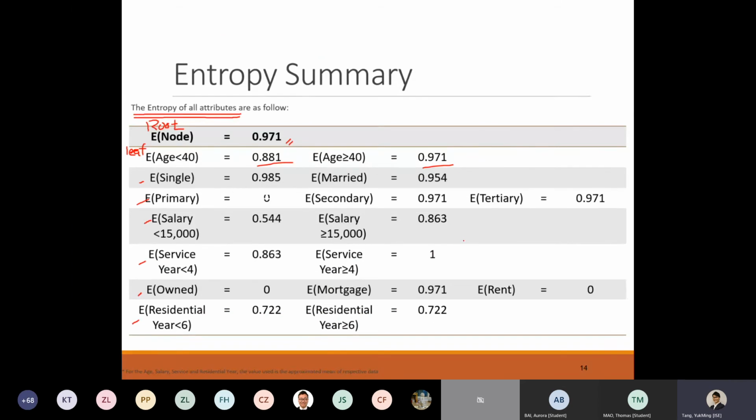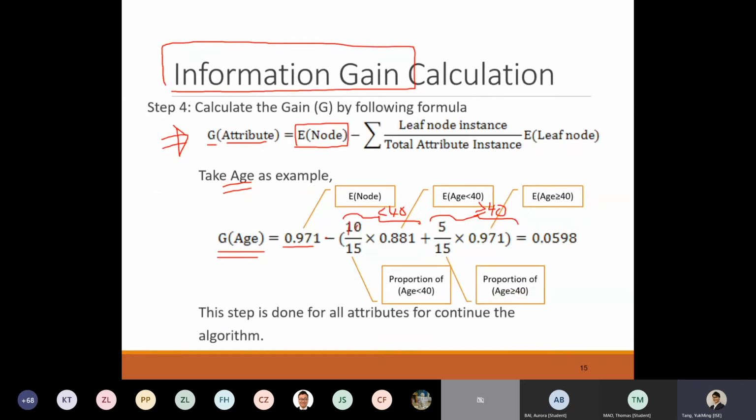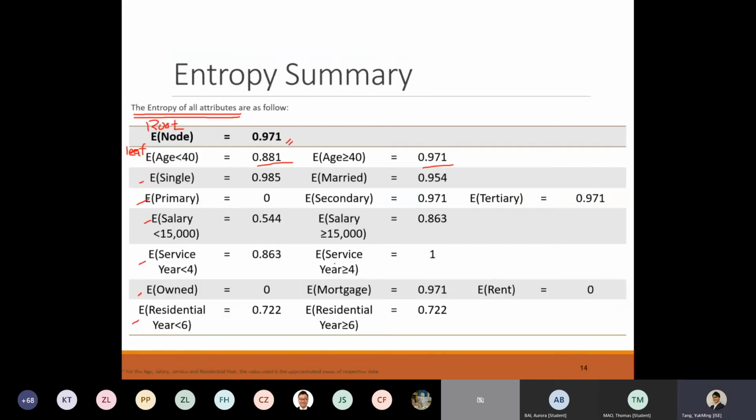So 10 divided by the total number of instances, which is 15 customers, and then times the entropy for age less than 40, E(less than 40), which we just calculated is equal to 0.881.